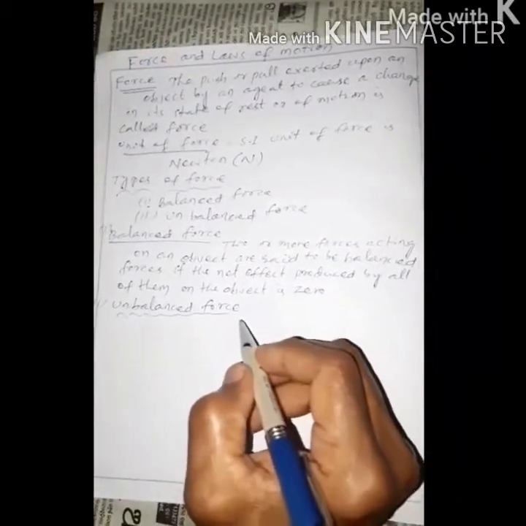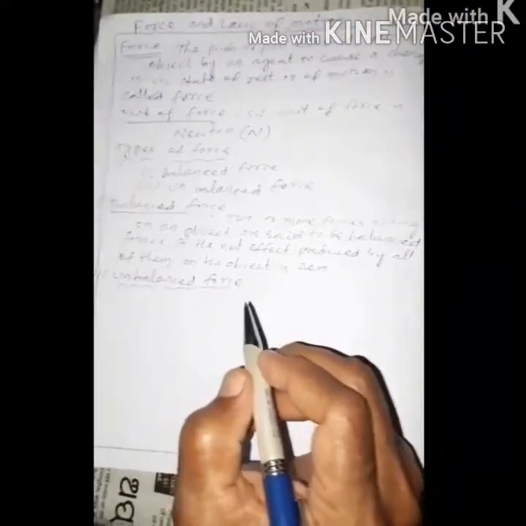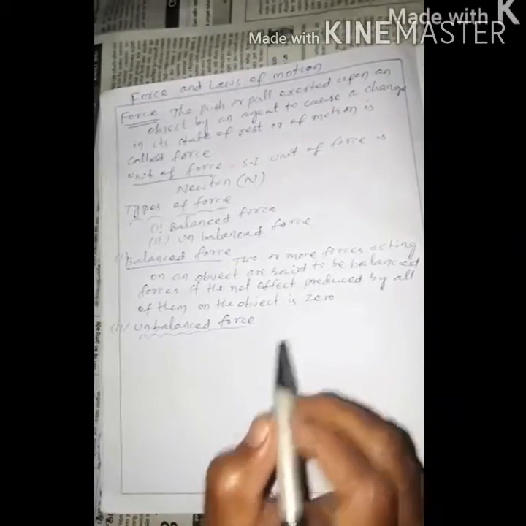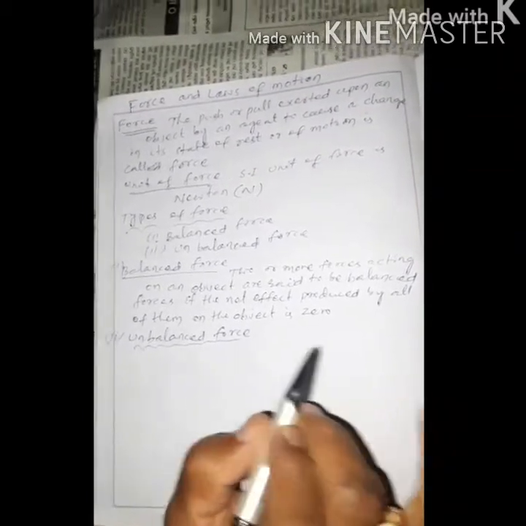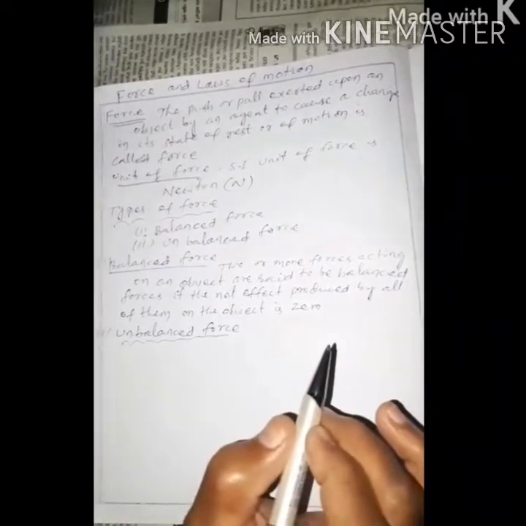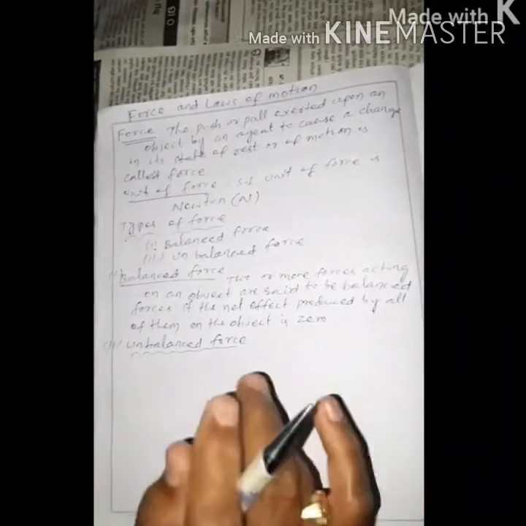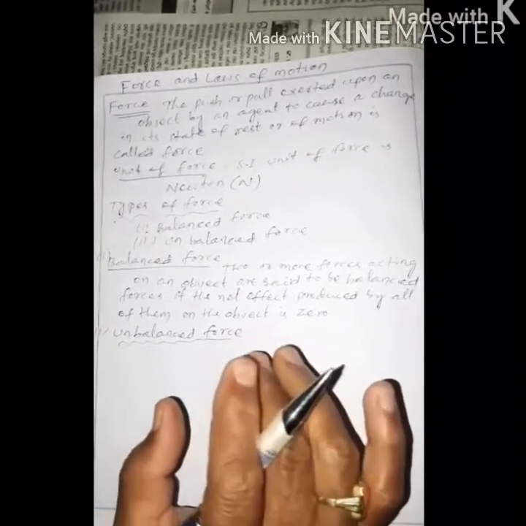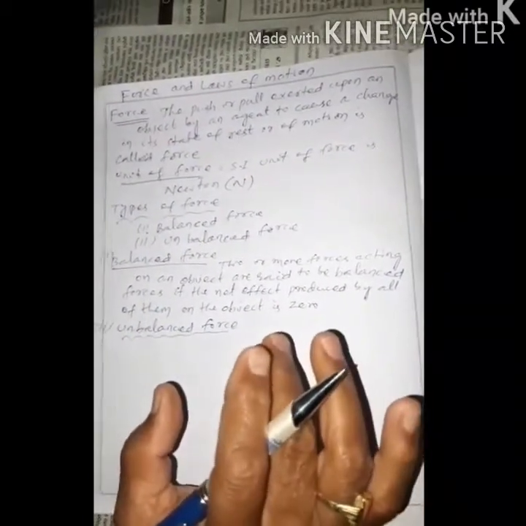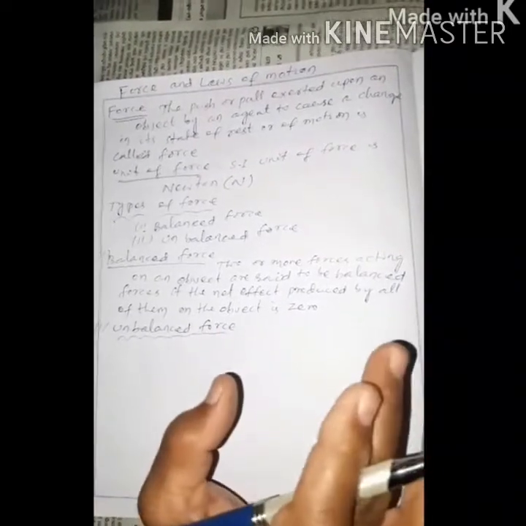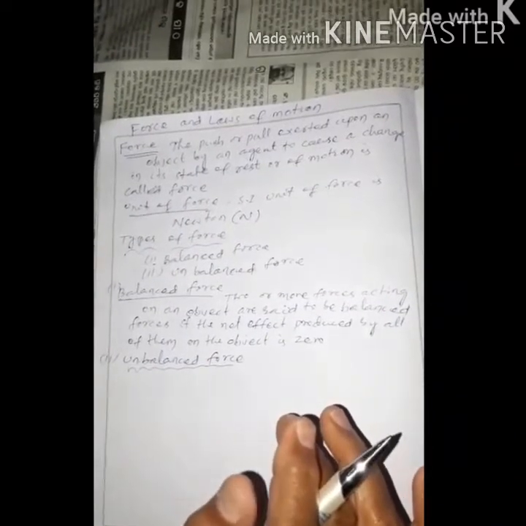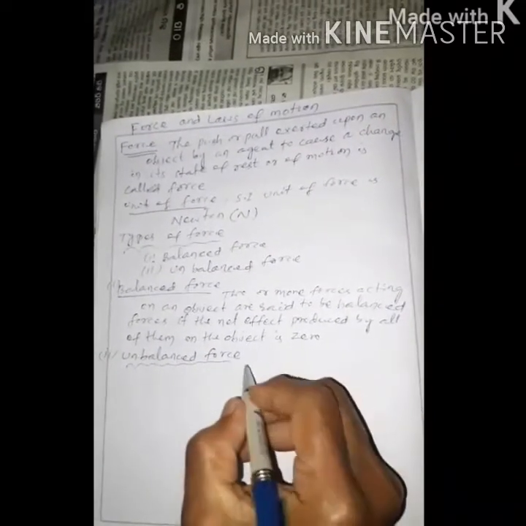If the net effect produced by two or more forces acting on an object is not zero, then the forces are said to be unbalanced forces. Clear?